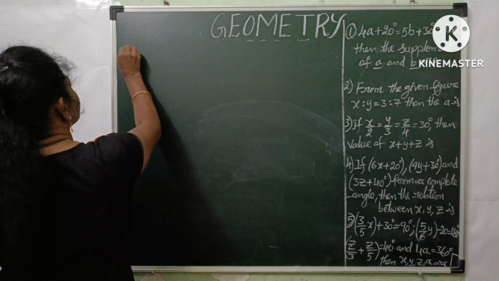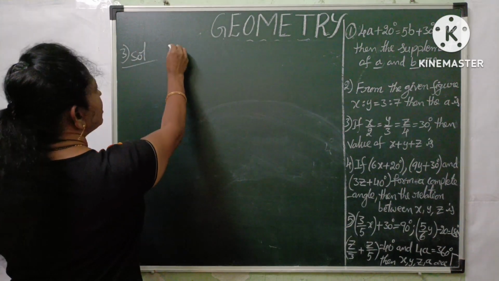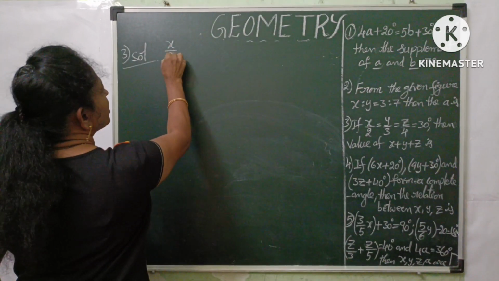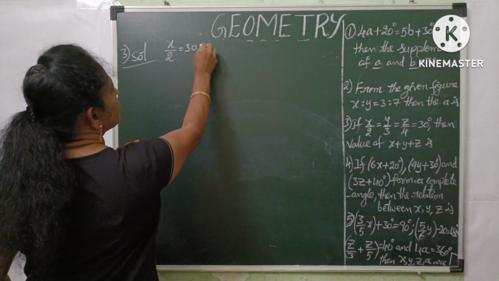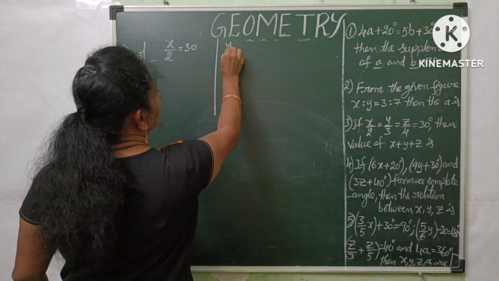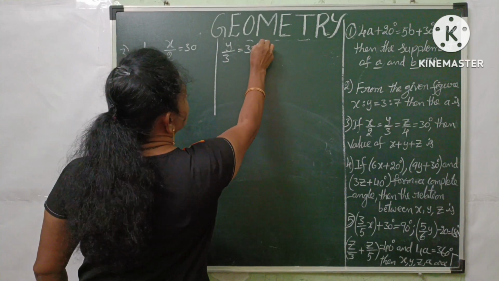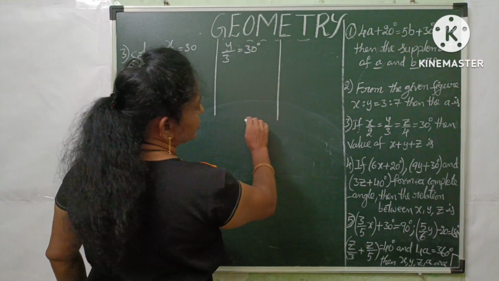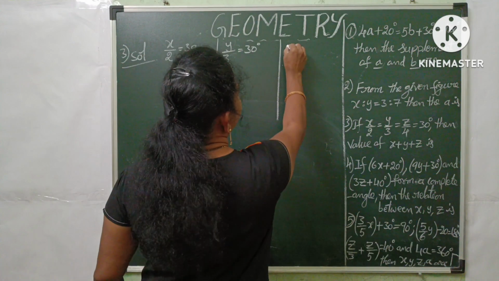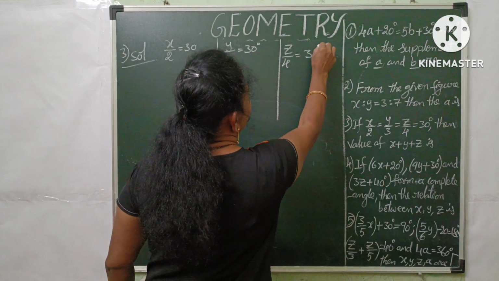So, third one solution. x by 2 equal to 30 degrees. Next, y by 3 equal to 30 degrees. Next, z by 4 equal to 30 degrees.